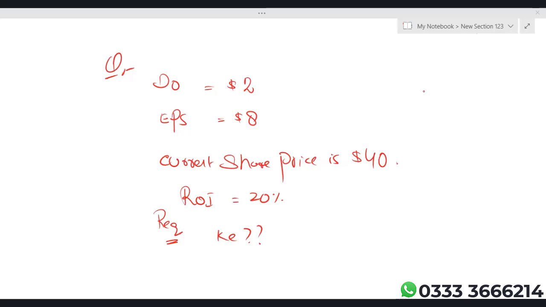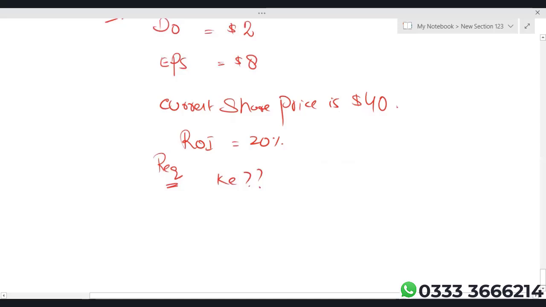Okay, one student has given the answer 10.25. What about others? B is equal to 1 minus payout ratio. Can I say retention ratio is 0.75?